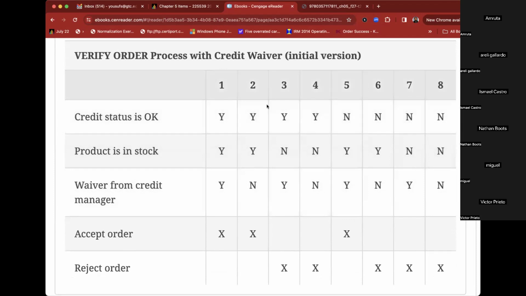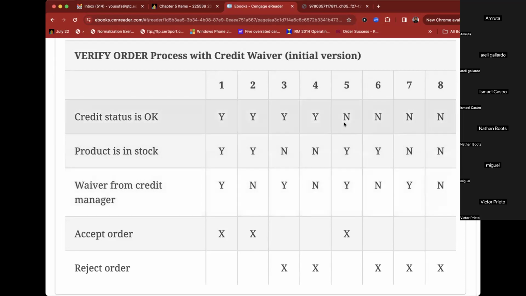Now let's have a look at it. Number 2, credit is okay, product is in stock, manager not willing to sign the waiver. No. Okay. We'll worry about the outcomes in the next step, but let's first lay out the conditions. Credit status is okay, product is not in stock, and manager is willing to sign. Or the credit status is okay, product is not in stock, and the manager is also not willing to sign.